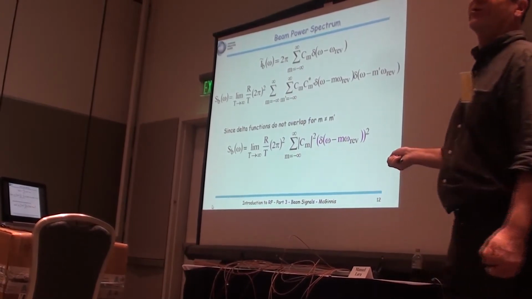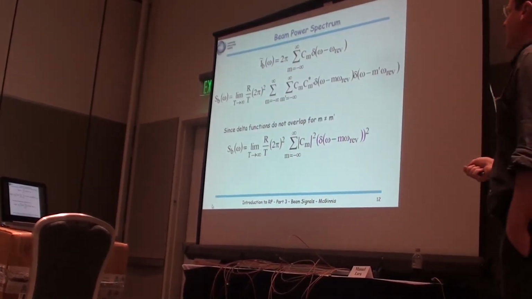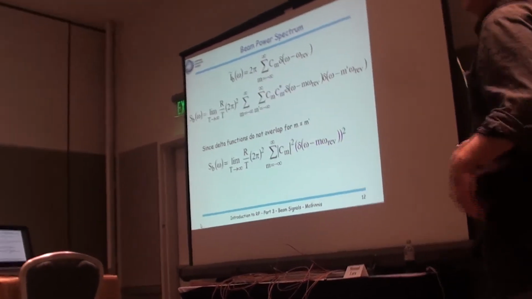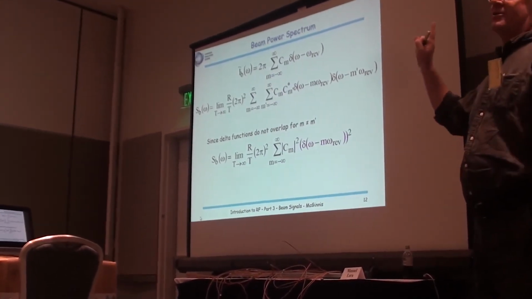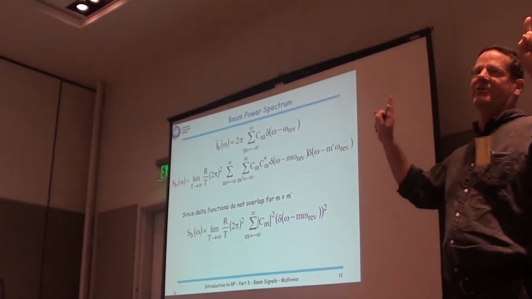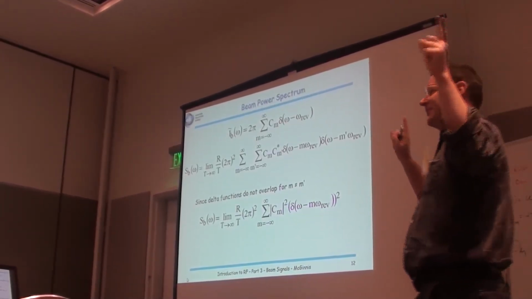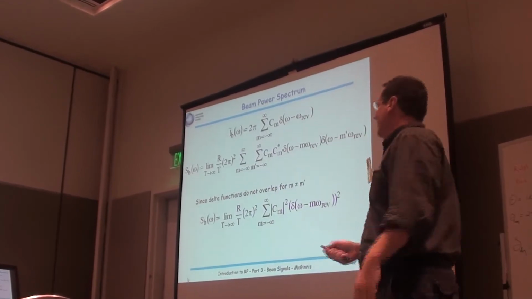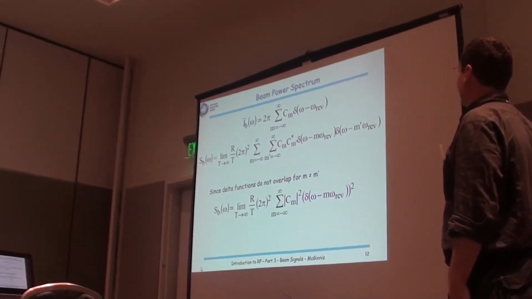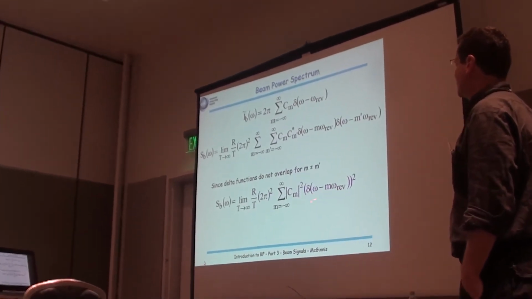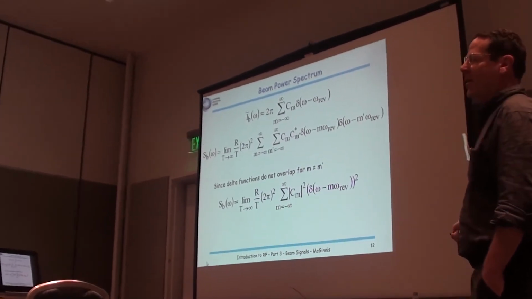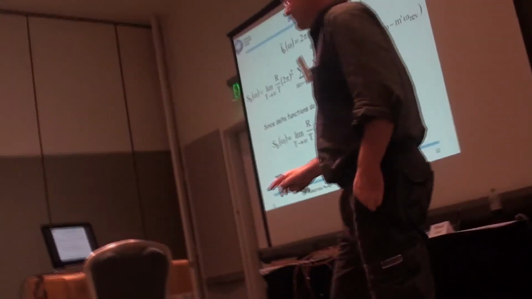It doesn't get any worse than that, as far as really icky math. But there are some nice things. If you have one delta function and another delta function, if they're not on top of each other, they cancel. They never integrate. So infinity times infinity when they're not overlapped is 0. Now, this leaves you with a delta function squared only over the sum of one set of harmonics.